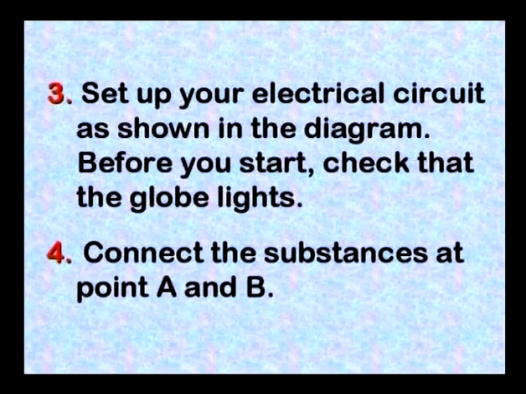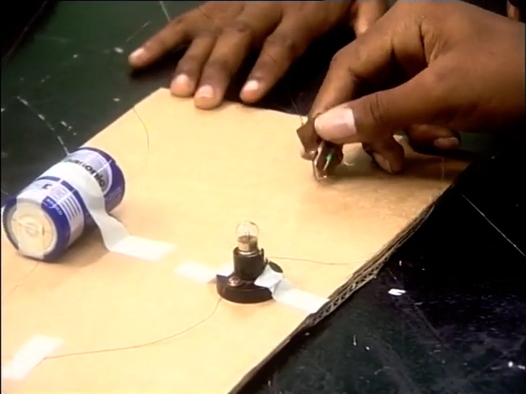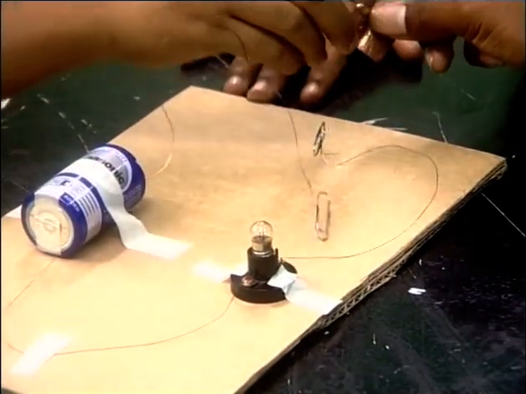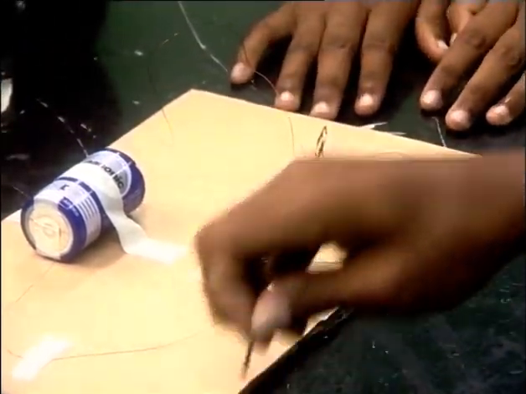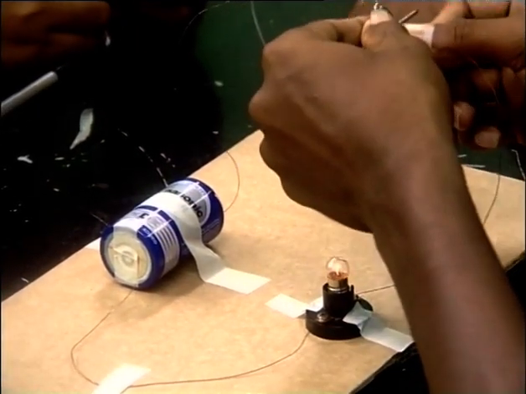So you connect them from A to B to see whether the globe lights. If it lights, what is it? If it doesn't, what is it? And you fill your table in. Test those materials that you have to see if they can conduct electricity.